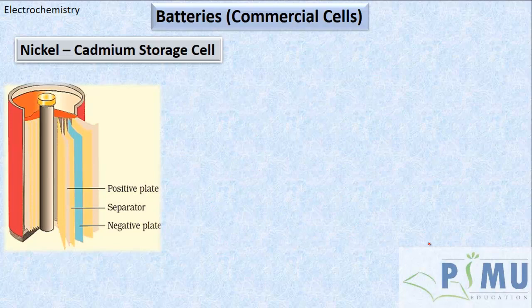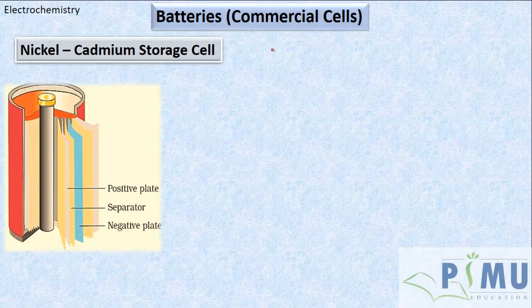Now let us see nickel cadmium storage cell. Nickel cadmium storage cell is another rechargeable cell. It consists of cadmium anode and the cathode made up of a metal grid containing nickel(IV) oxide. These are immersed in KOH solution.